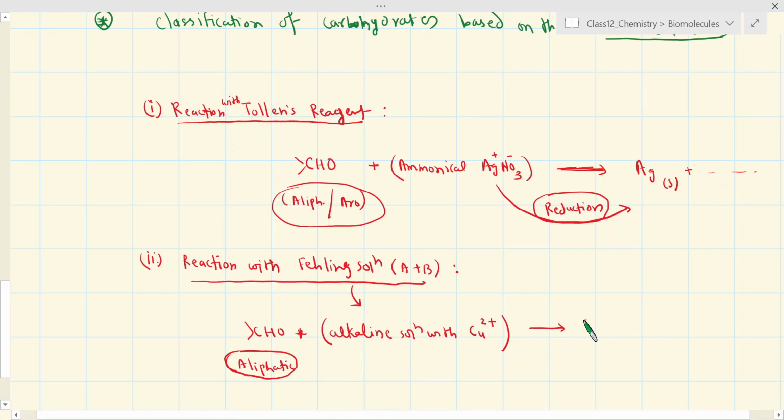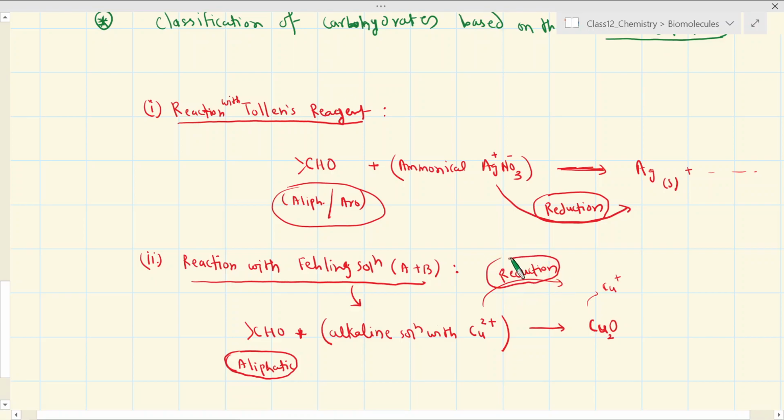And this also basically creates cuprous oxide, Cu2O. This is the cupric form, Cu2+. Here, if you look at the oxidation number of copper, because there is one oxygen attached to 2 coppers, it is copper +1. So here also it's a reduction reaction.